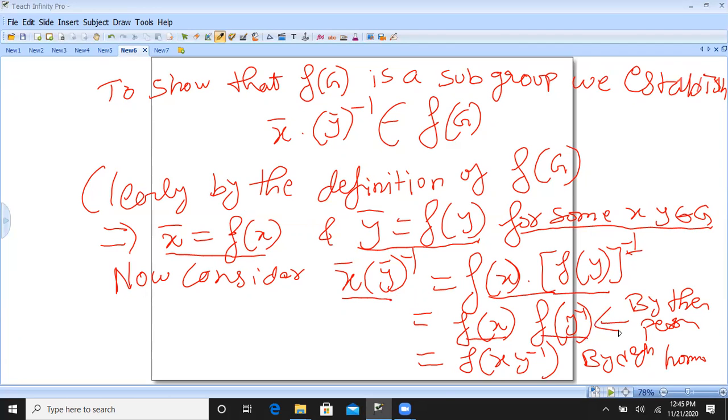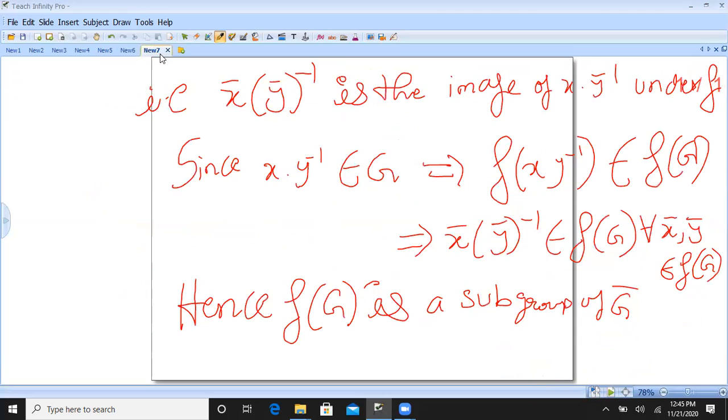I explained this in theorem number 37, see how we took it. So the next step is by the definition of homomorphism. So x bar into y bar whole inverse is the image of x into y inverse under f.